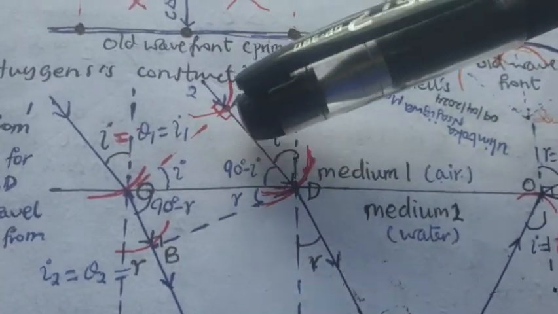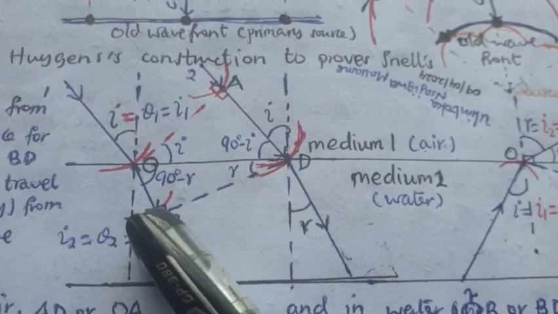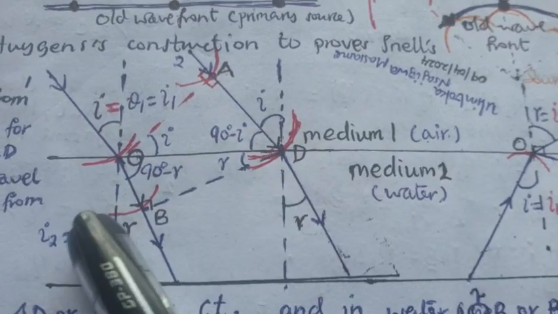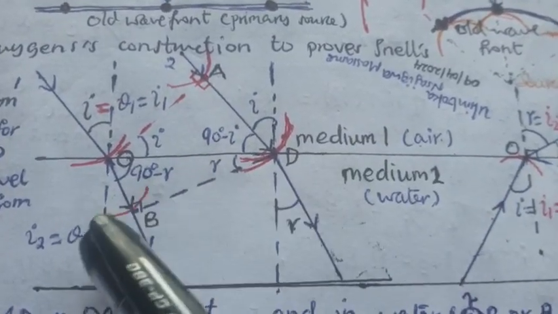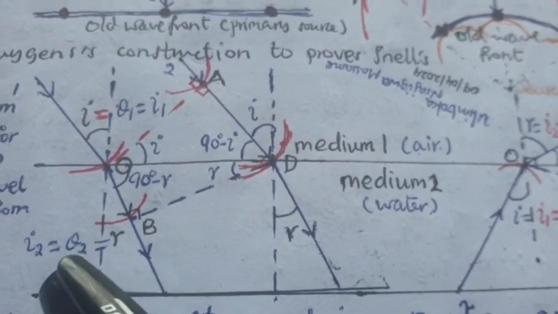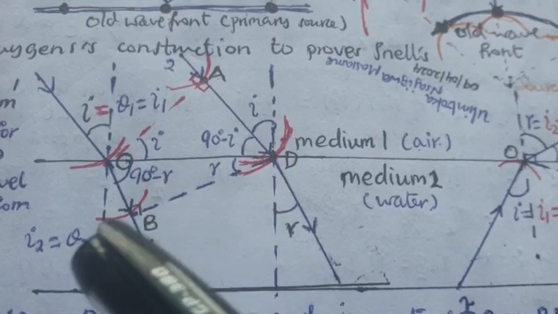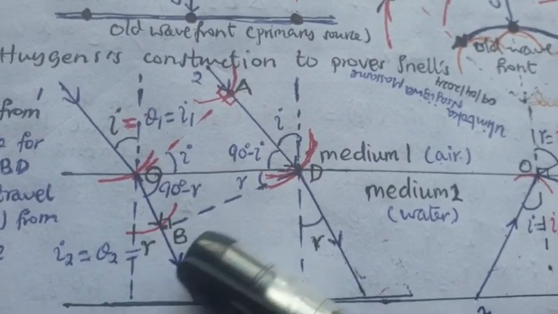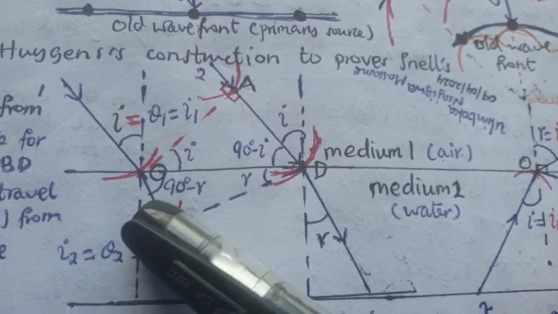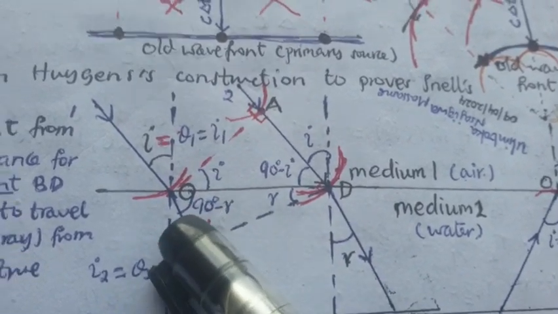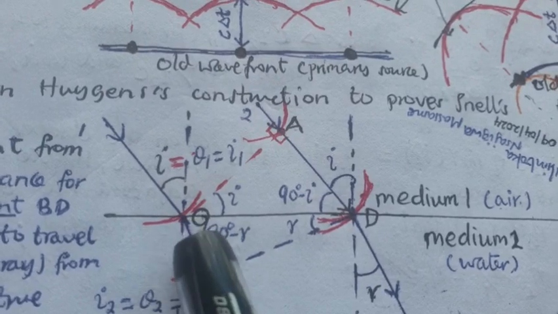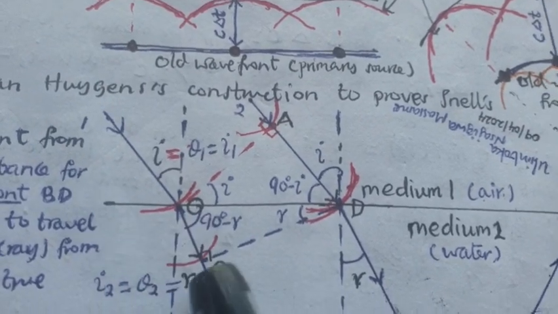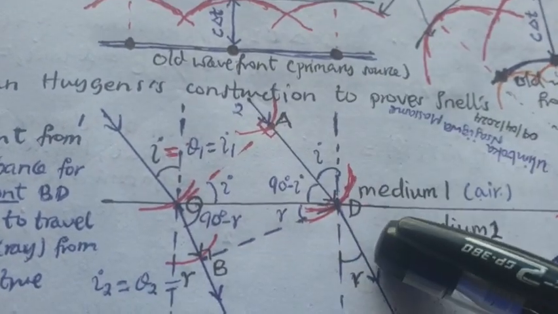A tangent line from B to D gives us the plane secondary wavefront, seen as coming from ray OB and ray AD.